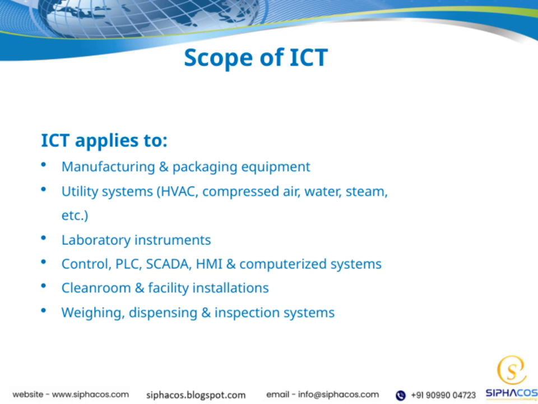Control systems like PLCs, SCADA, HMI, and other computerized systems are vital for automation and monitoring throughout the facility. Additionally, ICT is integral to cleanroom and facility installations, helping maintain strict environmental controls. Lastly, weighing, dispensing, and inspection systems depend on ICT to ensure accuracy and compliance. Overall, the scope of ICT covers a wide range of systems and equipment, all interconnected to support quality, efficiency, and regulatory compliance across the entire operation.